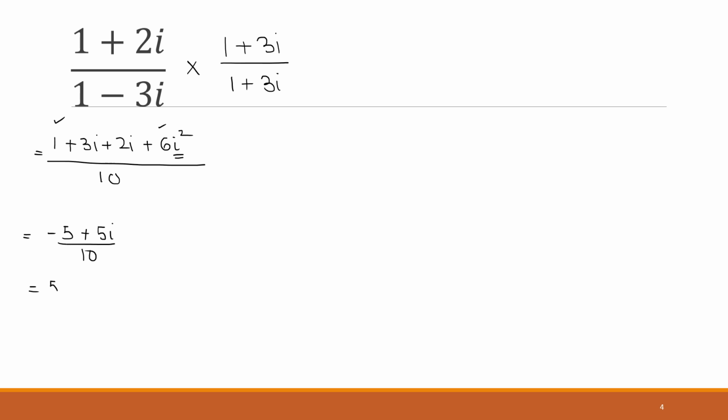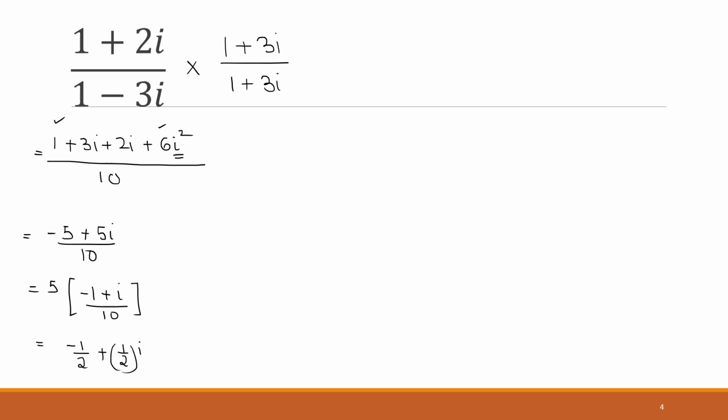I can take 5 common from numerator. So minus 1 plus I upon 10. In short, मेरा complex number आया minus half plus half times I. Correct? I got my simplified complex number minus half plus half times I.